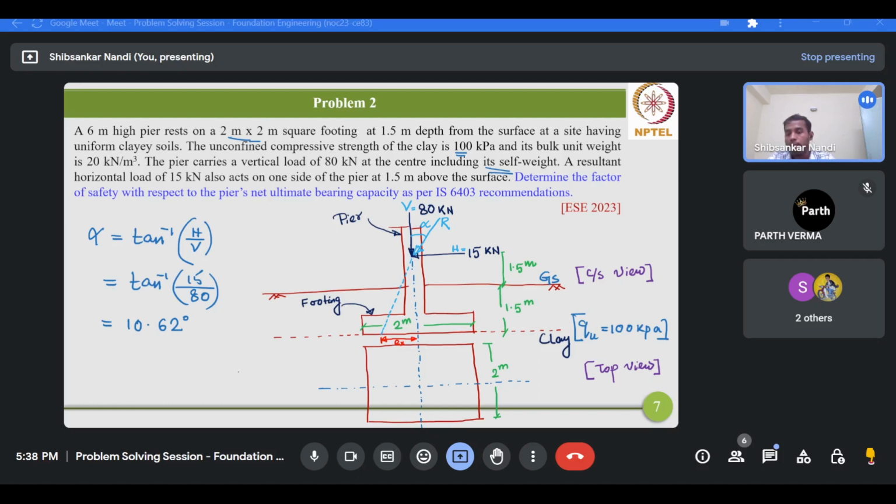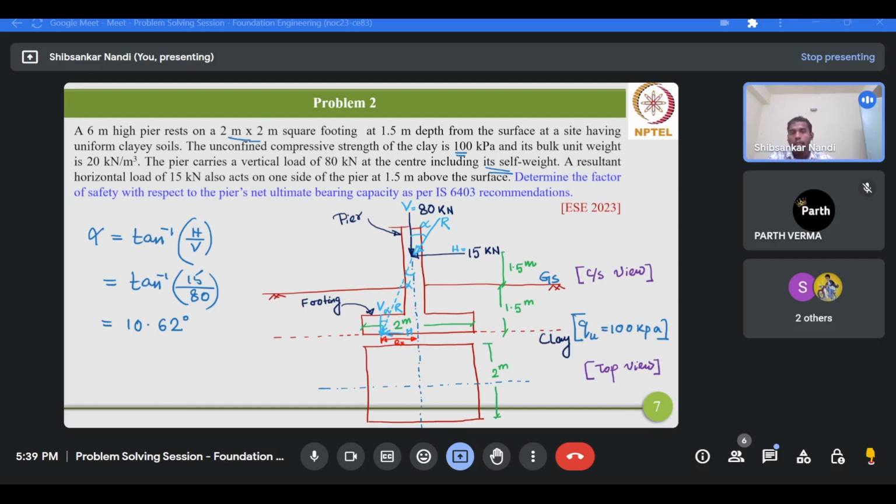And this is the eccentricity. So this is V, this is H, and this is the resultant, and this is alpha. So obviously this angle will be alpha.